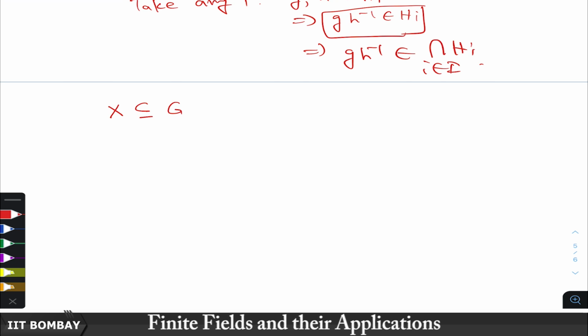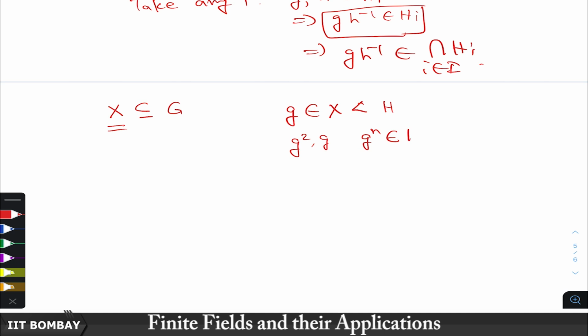Now, we are interested in knowing what is the smallest subgroup of G which contains all the elements of X. So, clearly if you take any element g in X and H is a subgroup containing X, then all the powers of g, g squared, g cubed, all g power n, even negative powers, g inverse and its powers, and the identity element should be there.